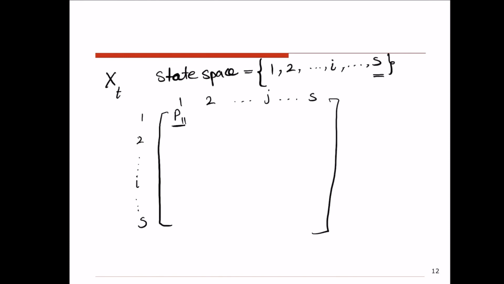This is the probability of transition from state 1 to state 1, meaning that if at any point of time I'm at state 1, what is the probability that I stay in the same state in the next time period? The next element is P12, meaning that if at time t I'm at state 1, what is the probability that in the next time step I end up at state 2?